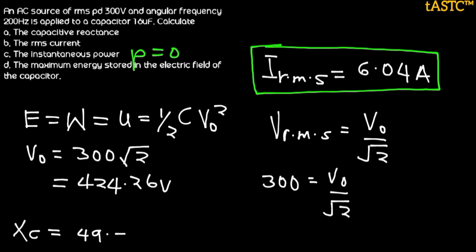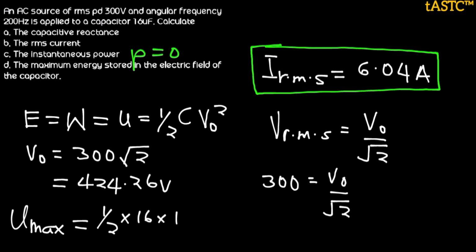Now that we have found this, we're basically going to plug this into the formula. So the maximum energy will be equal to 1 over 2 multiplied by C, which is the capacitance. Now the capacitance was given to us as 16 microfarads, so that is 16 multiplied by 10 to the negative 6. This will be multiplied by V0 squared.